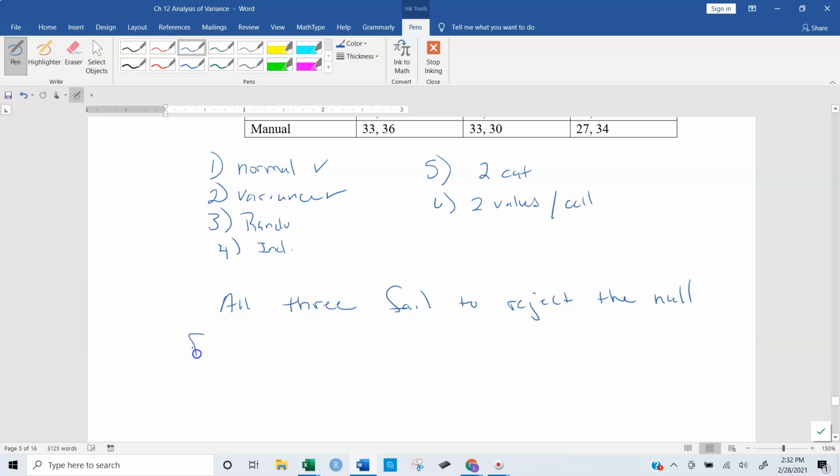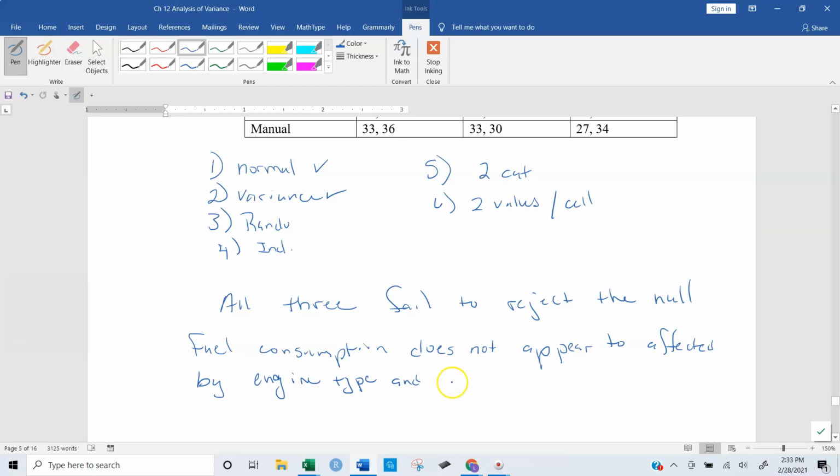So you would say fuel consumption, just write the first one, does not appear to be affected by engine type and size, or by the interaction between engine type and size.